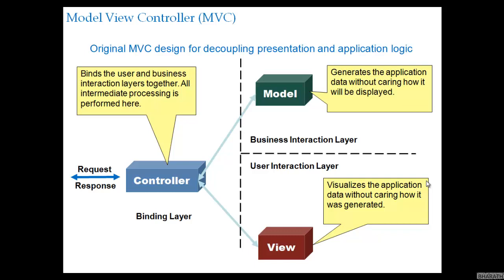The view displays the data to the user. The model just gets the data from SAP or pushes the data into SAP. The controller will control the communication between model and view, so it's like a bridge between the model and view. As per the MVC architecture, we cannot have a direct communication between the model and view.